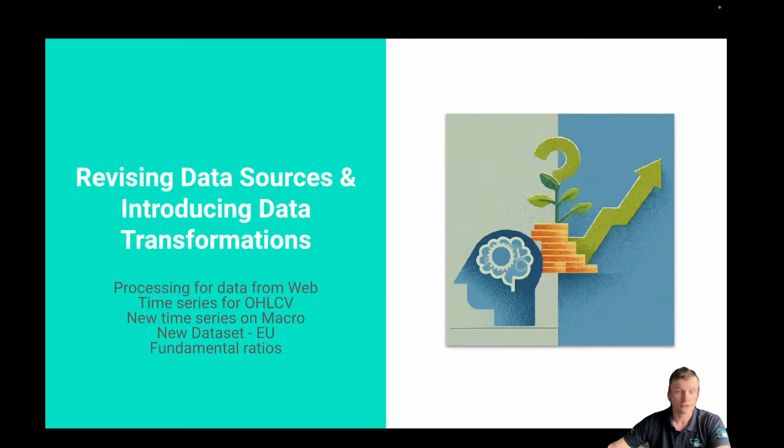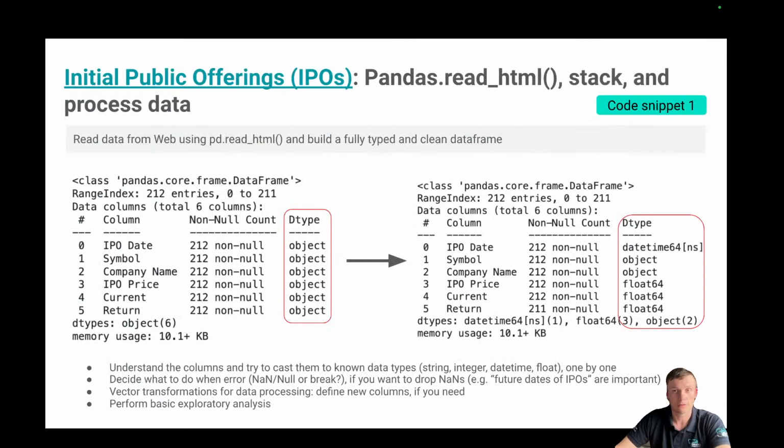Then I'll introduce new time series on macro, and we will add to the previous ones covered during the previous module to combine into one data set to be joined later to the daily stats. I also cover a new data set on the European Union data, and we'll finish with fundamental ratios. First, initial public offerings.